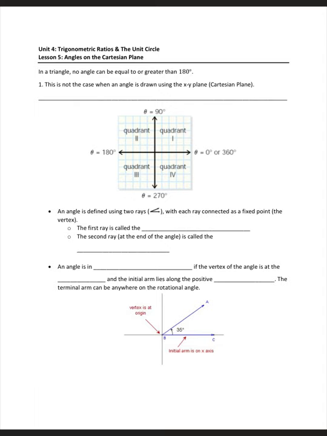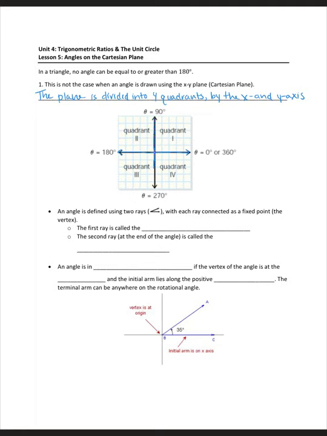The plane is divided into 4 quadrants by the X and Y axes. So you can see here we have our x-axis, which we should be familiar with from graphing, and we have our y-axis.